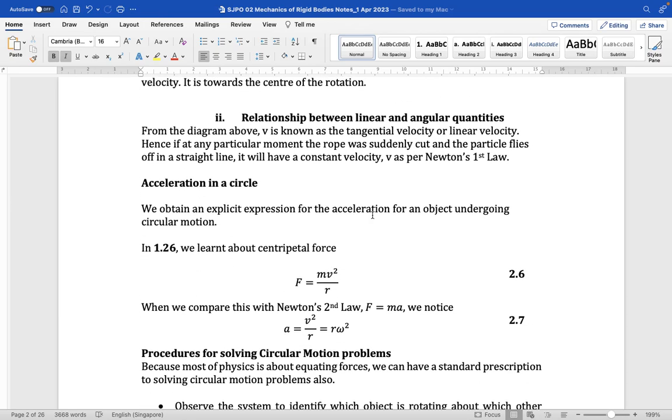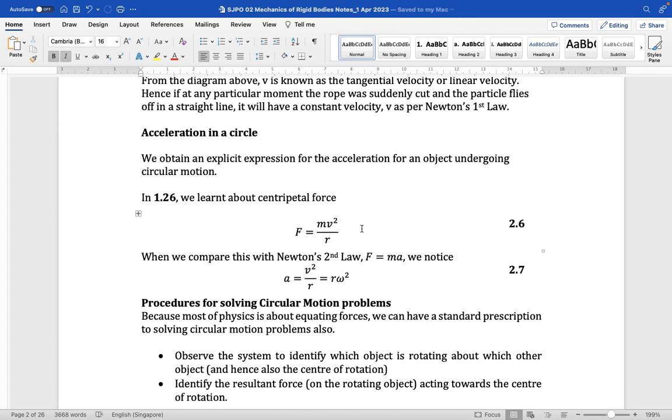When there is an acceleration in a circle, we want to find out the forces acting on it. In this specific case, we are looking at the specific form of the force. Previously, we learned that there is a concept called the centripetal force, and it is given by this formula. This formula tells you that when an object is moving in a circle, there is a force directed towards the center of the rotation by a value mv squared over r.